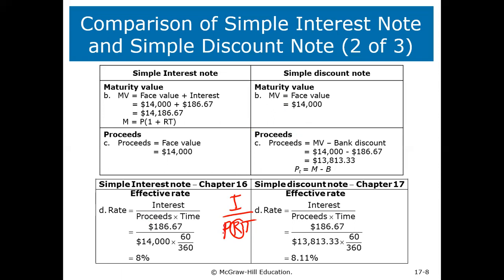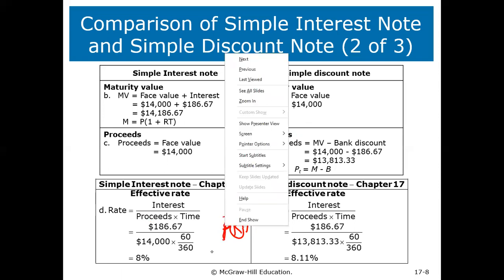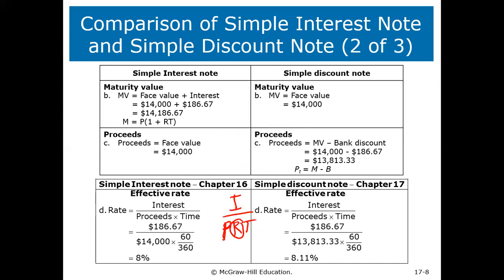We know the P and we know the T. Let's take a look first at the simple interest note. For a simple interest note, the effective rate will be the same as the interest rate. Whatever the interest rate is, that will also be your effective rate in the case of a simple interest note.